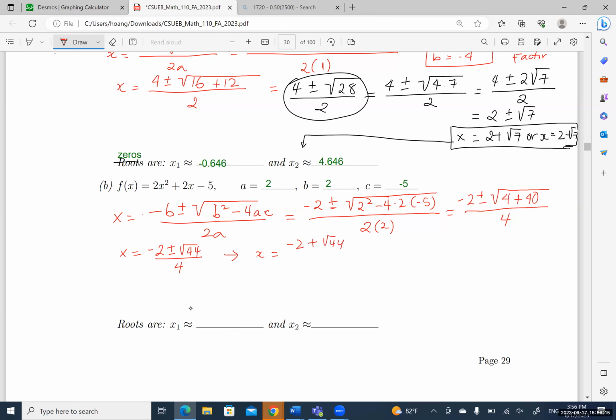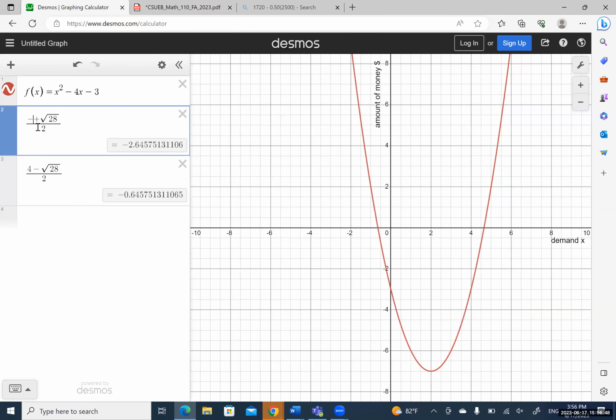I can just use calculators to handle this instead of trying to simplify, if you don't like it. So I'm going to use the calculator.